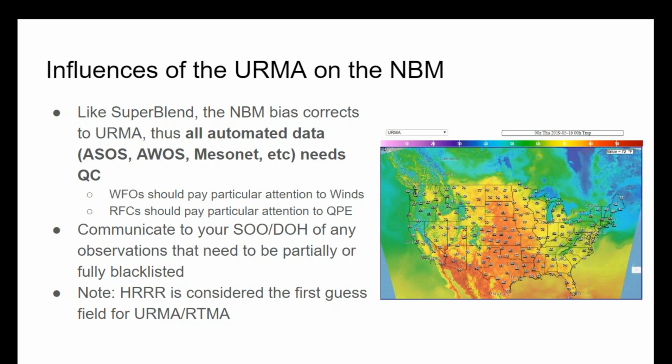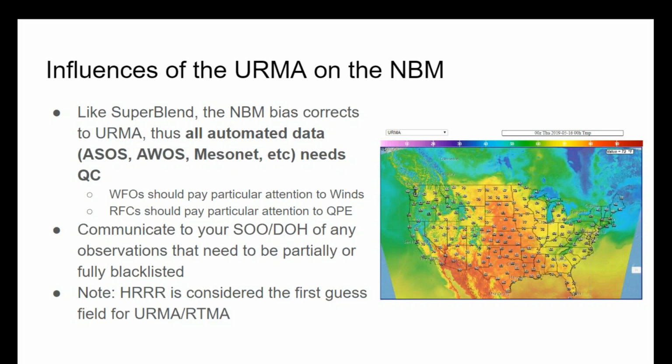Bad observations in will result in bad NBM data. Some of the top highlights right now that have been looked at are wind and QPE. WFOs should pay particular attention to the wind aspects and the RFCs to the QPE. If you see any observations that are bad, partially or fully bad, communicate those to your SOO or DOH, and they'll fill out the form.